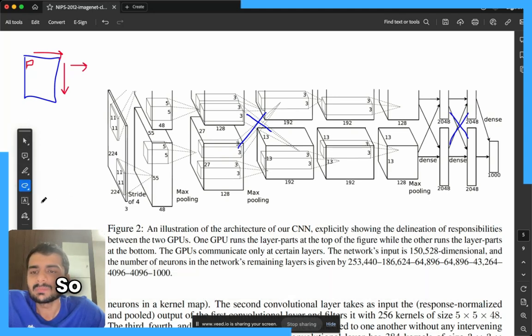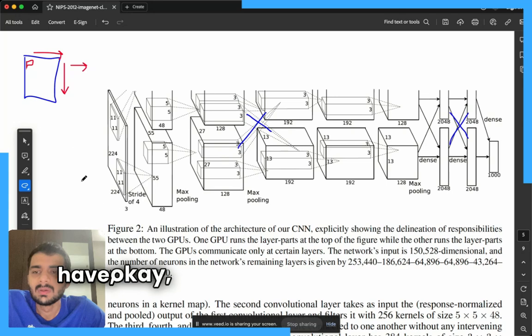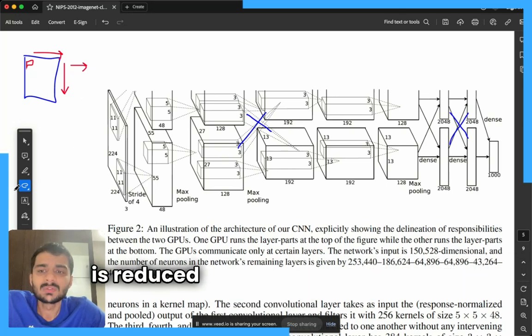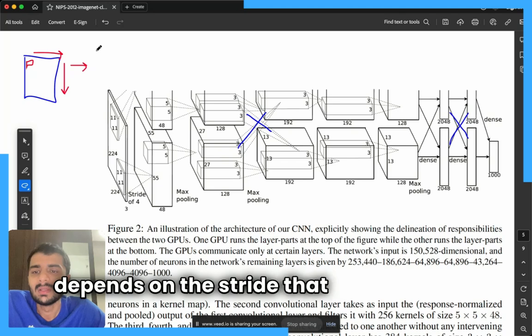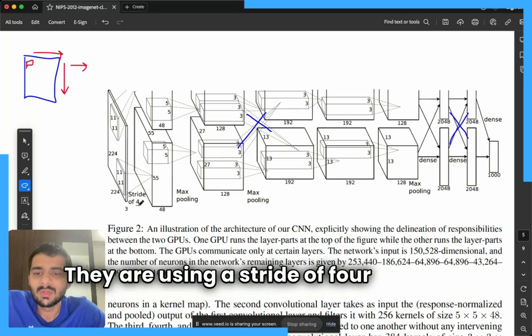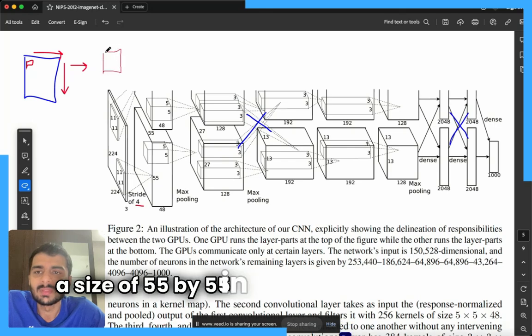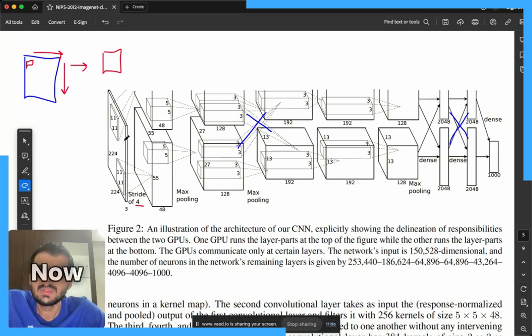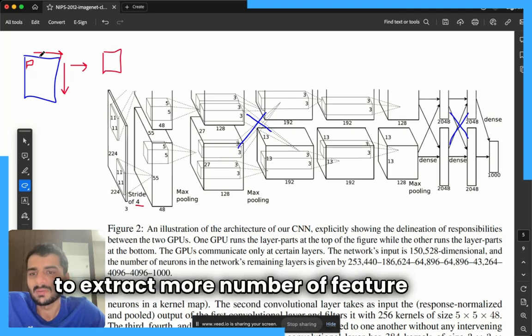So when this is transformed, the size is reduced, and how much the size reduces by depends on the stride that you are using. They are using a stride of 4 here, and they have got a size of 55 by 55 in the next layer. Now this operation you can do multiple times to extract more feature maps.